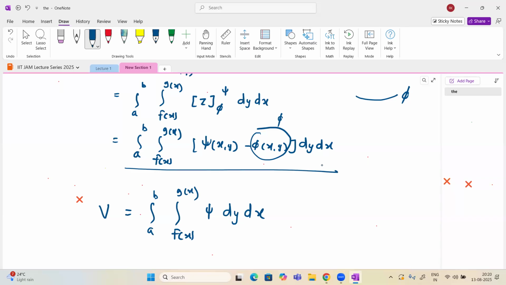Okay, sir. Thank you, sir. So I have a question I have posted in the chat. If we have double integration and both variables are x, then dx square. See, the variable should be different, no?